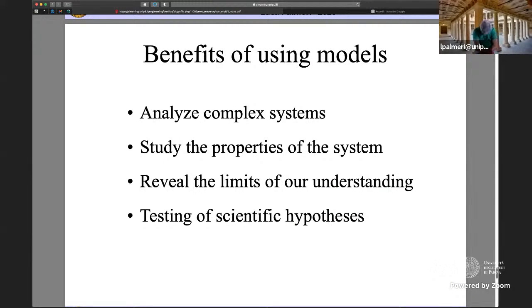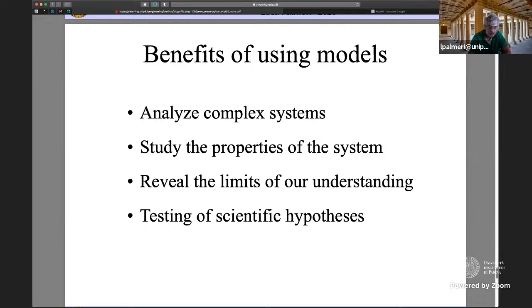So what are the benefits of using models? They allow us to analyze complex systems, to study some very general properties of the system, and reveal the limit of our understanding, for example, pushing us into improving further our description.